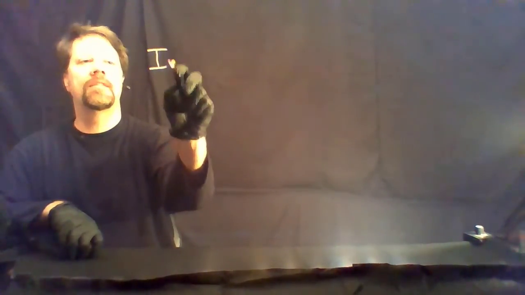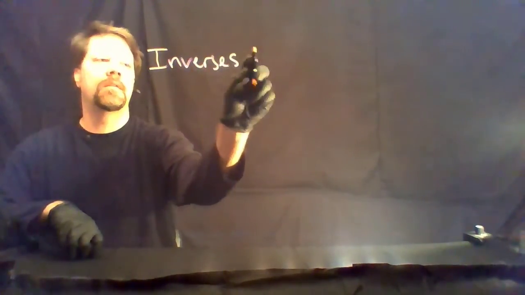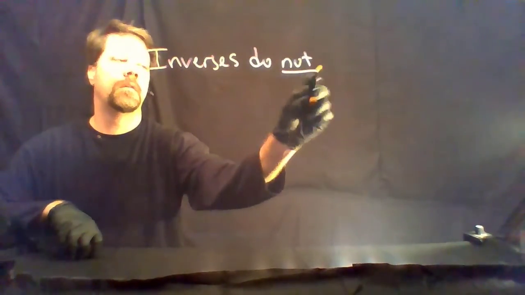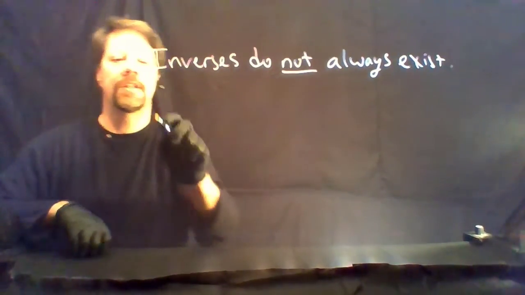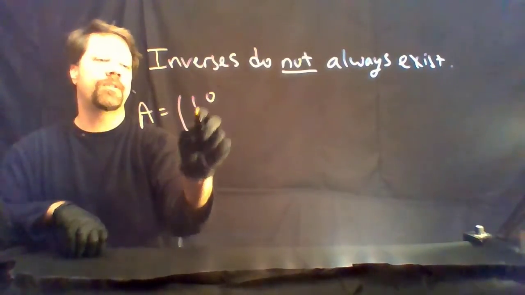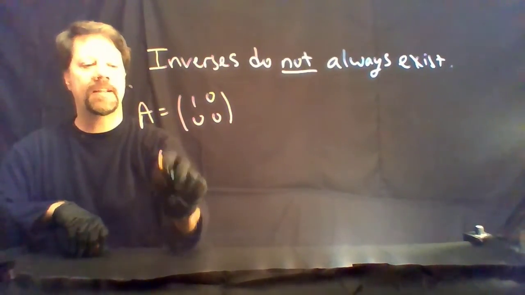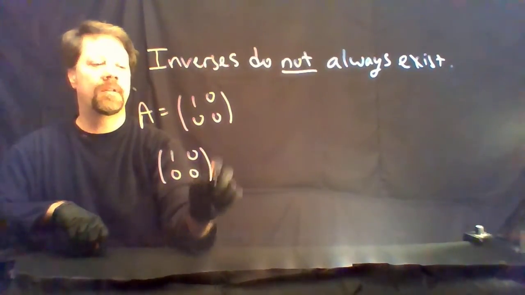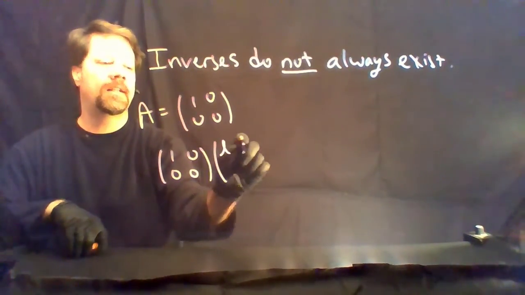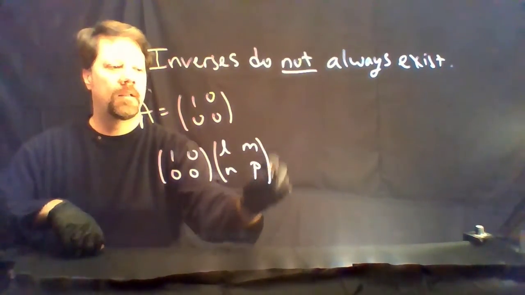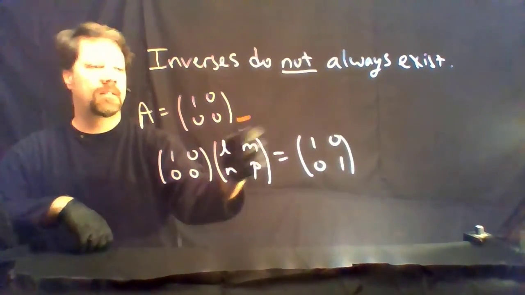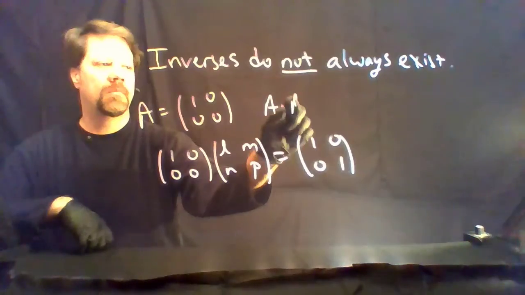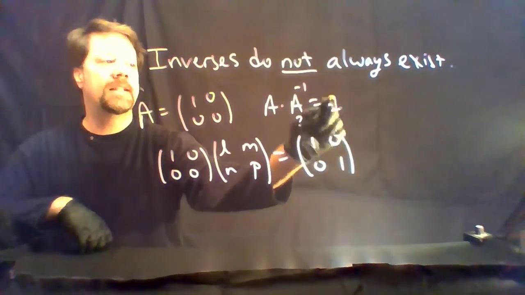Now, inverses to matrices do not always exist. Suppose my matrix A is the matrix 1, 0, 0, 0. If I take that matrix and multiply it by something, let's say L, M, N, P, and get the identity matrix 1, 0, 0, 1, I'm assuming that A times A inverse equals the identity.